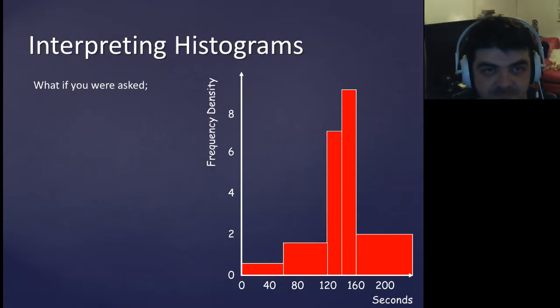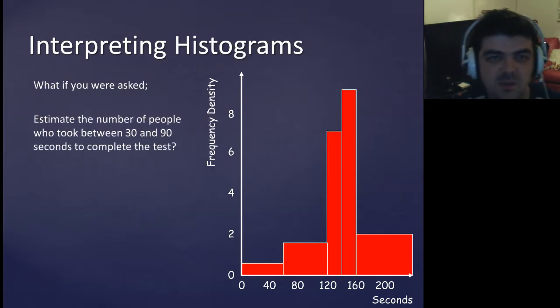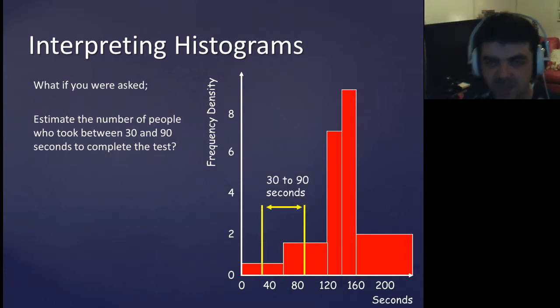But what if you were asked, estimate the number of people who took between 30 and 90 seconds to complete the test? What would you do? Okay, you'd go from your 30 point to your 90 point and see what the area under the graph is. So we've basically got two bits here.